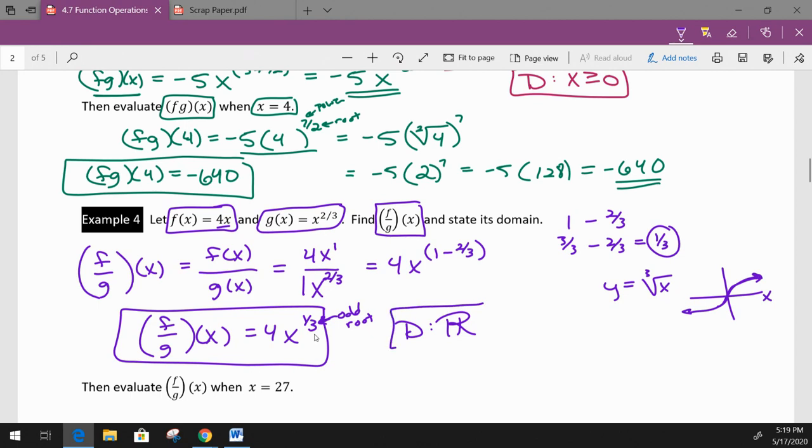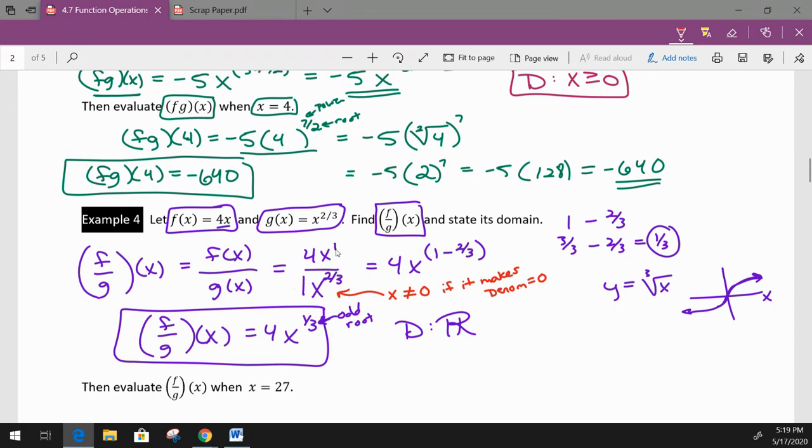Oh, wait, that is not true because I forgot. In the beginning, we have an x in the denominator. So this does matter. In your original function, there is an x in the denominator, so x cannot equal 0 if it would make the denominator 0. If we put 0 in the place of x in our denominator, 0 to the 2/3 power would be 0, and then 8 times 0 would still be 0.